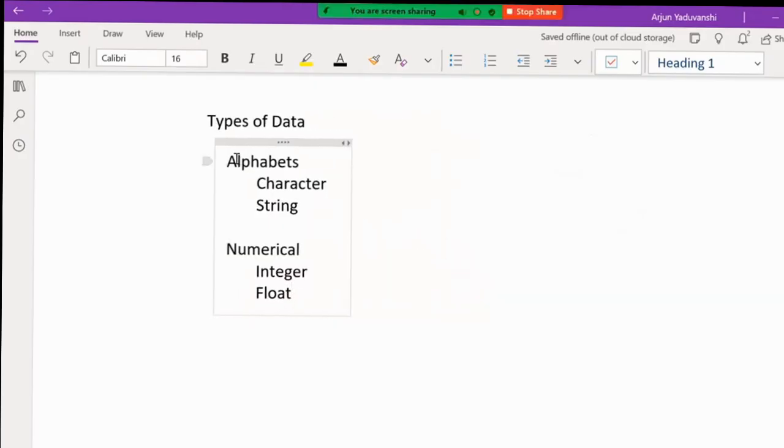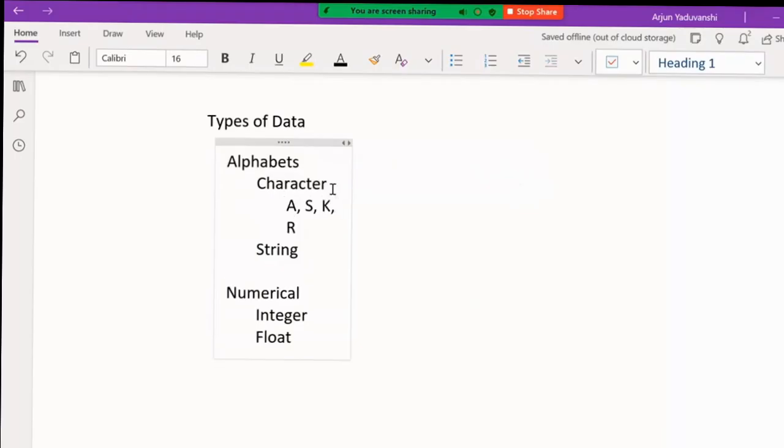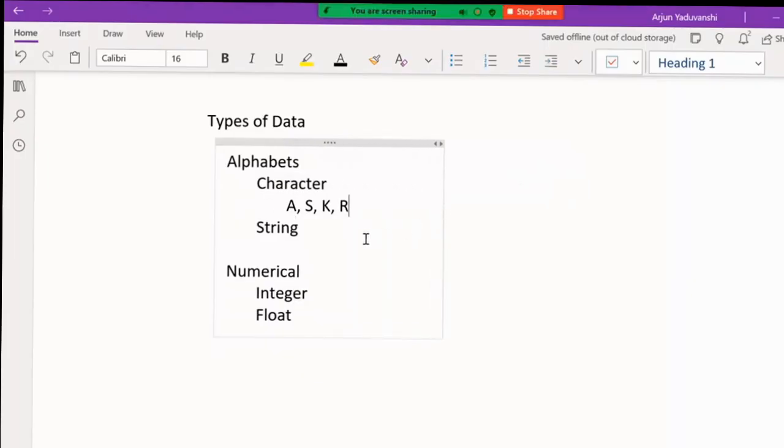Now here, alphabets or characters will be like A, B, C. If you have a single character, that is called an alphabet. Like S is an alphabet, A is an alphabet, K is an alphabet, R is an alphabet. All these things are considered characters. Now a group of characters together is called a string.